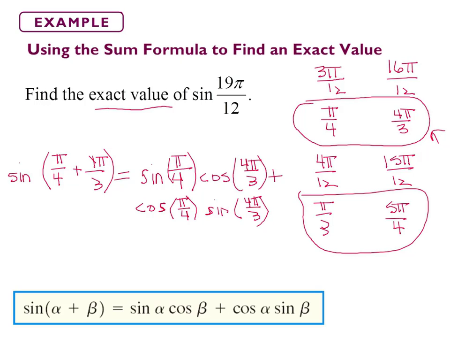Okay, so now it's pretty simple. What's the sine of pi over 4? Root 2 over 2. Yep. And the cosine of 4 pi over 3, just figure out what quadrant it's in, figure out what the reference angle is, and then we'll know the answer.